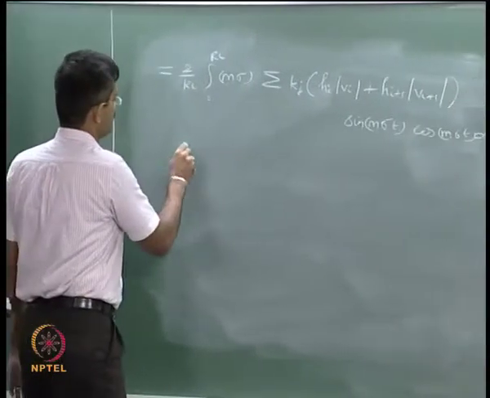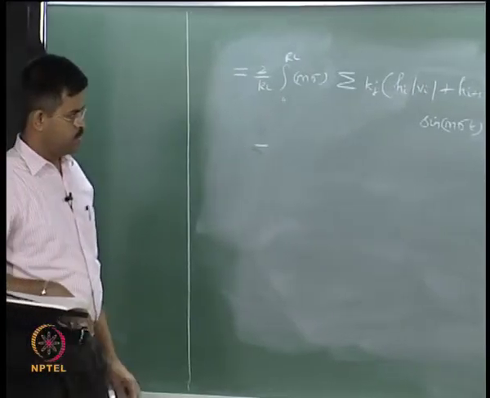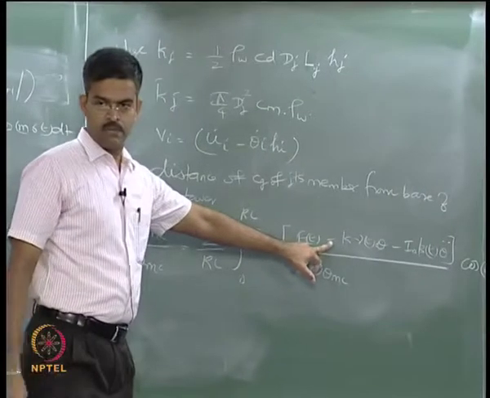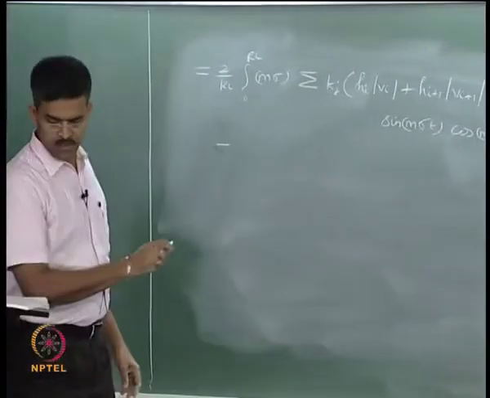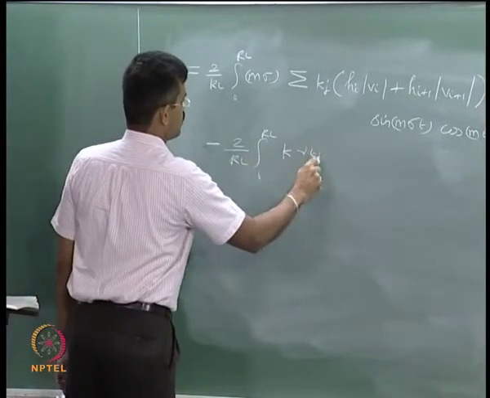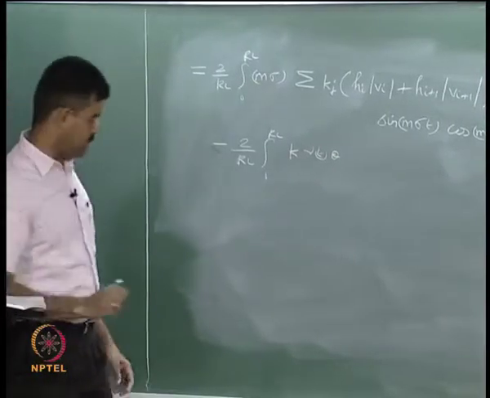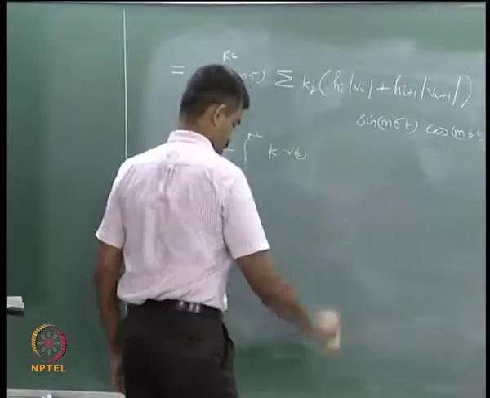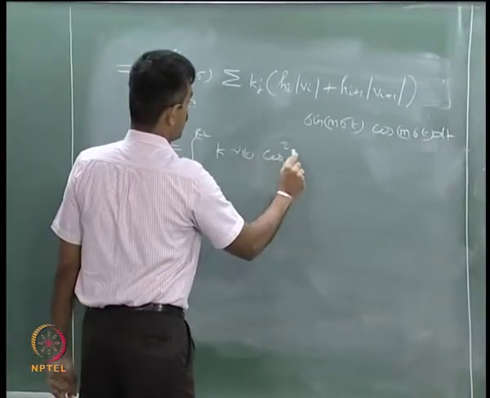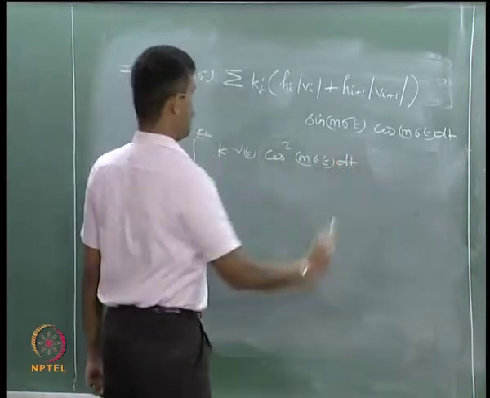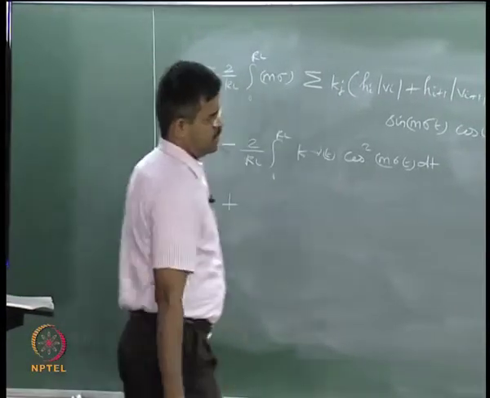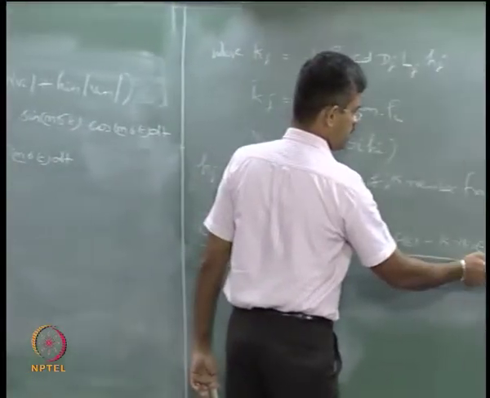Minus, there is a negative sign here, minus k mu t 2 by RL, integral 0 to RL k nu t theta, sorry theta is now substituted, which is going to be cos square m sigma t dt, plus there is a negative sign here, the double derivative.